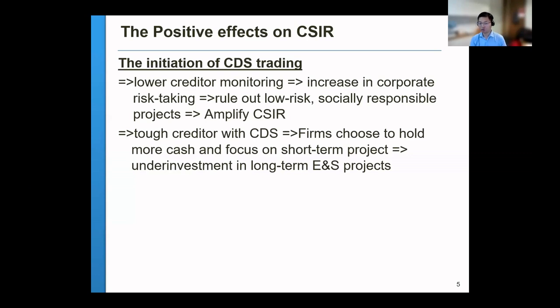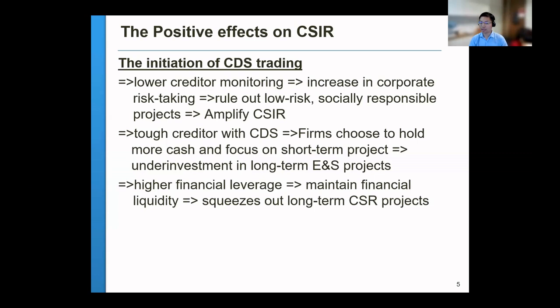That will result in the underinvestment problem, especially underinvestment in the long term, such as E and S projects. If you invest fewer resources in E and S, that might result in a higher likelihood of suffering more incidents or more irresponsibility.